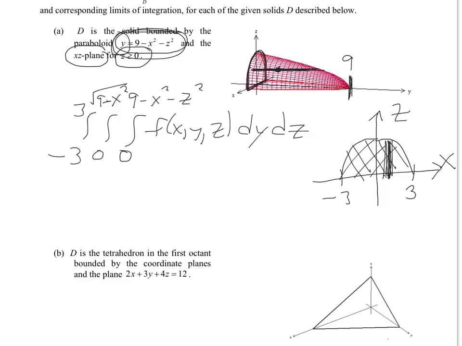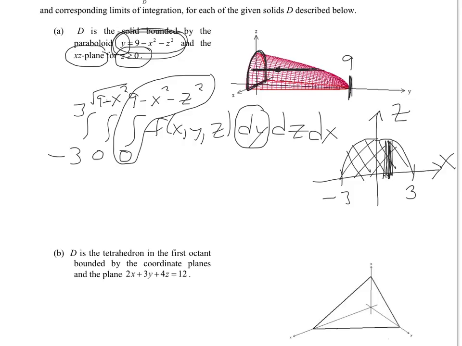So one important lesson I want you to learn from this example is that after you have determined which variable you want to integrate with respect to first, and once you have determined appropriate limits of integration for that innermost variable, from that point on, it becomes a two-dimensional problem.